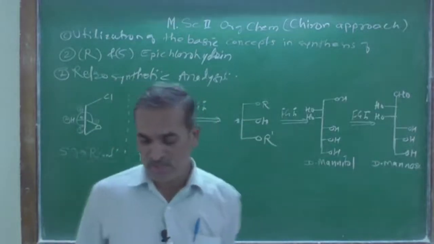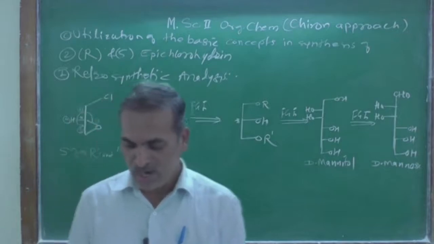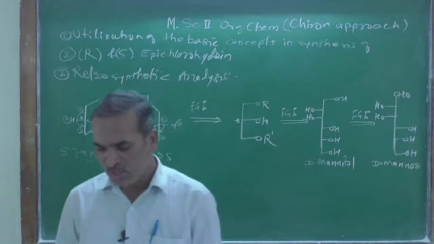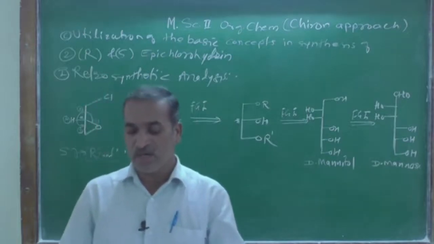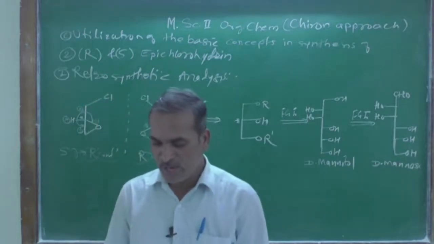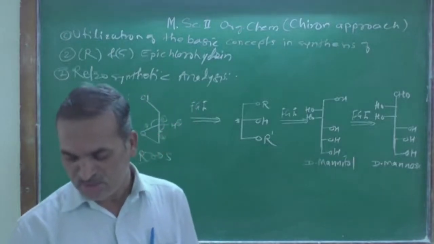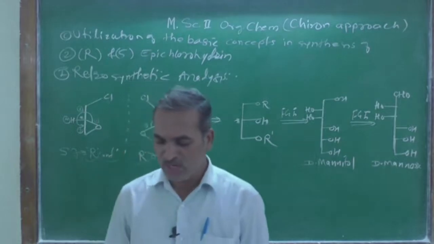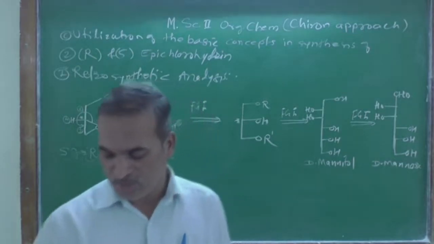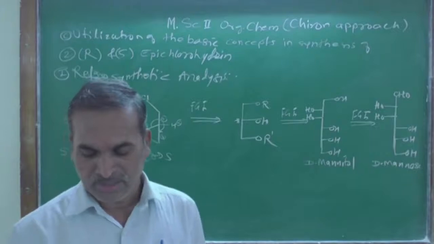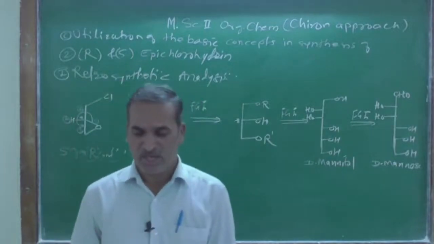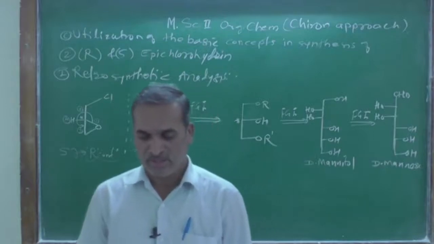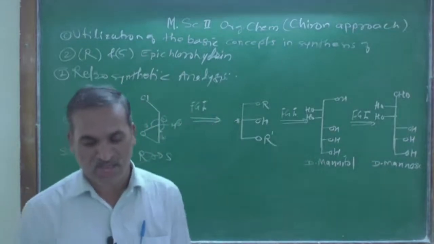And the third point you should remember: alternatively, by introducing the epoxide ring at the beginning, followed by mesylation and routine manipulation, epichlorohydrin can be obtained. A scheme for the synthesis of R and S epichlorohydrin is represented as follows.